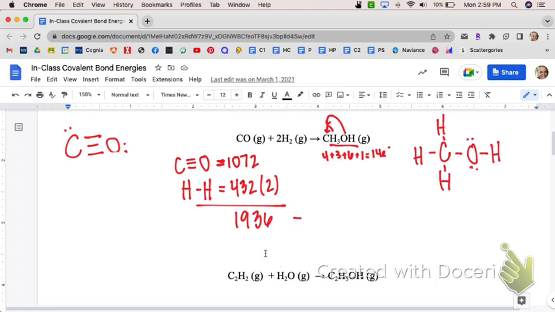So let's look at bond types. We've got carbon to hydrogen. We know it's 413. Good. And we've got 3 of them. We've got a carbon to oxygen single, and that's 358. And then we've also got an oxygen to hydrogen single, 467.